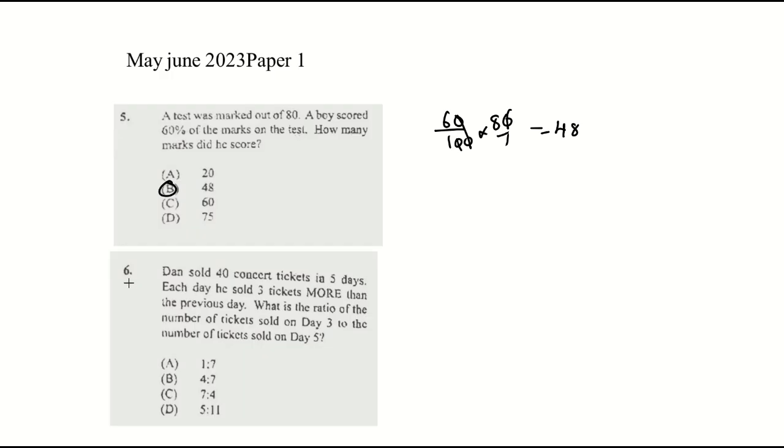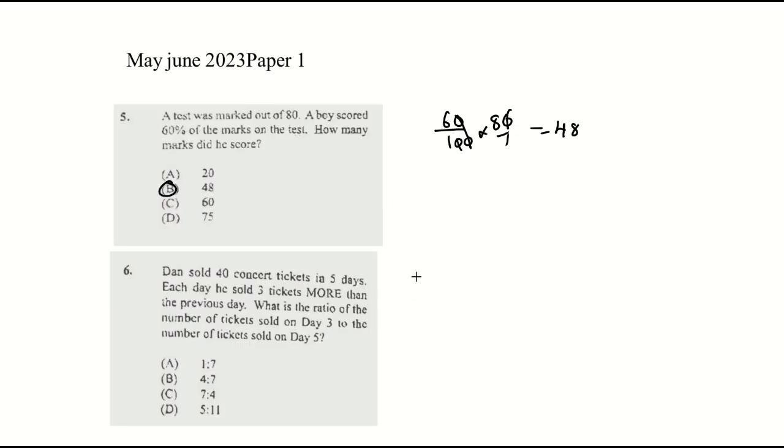Right. Number 6 says Dan sold 40 concert tickets in 5 days. Each day he sold 3 more than the previous day. What is the ratio of the number of tickets he sold on day 3 to the number of tickets on day 5? Now this one we have to do some working on, right?